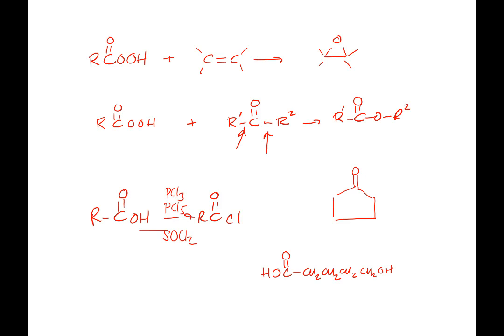So you could say, oh, well, I'll do this. I'll take this molecule, and it'll react intramolecularly. And this OH will end up coming over here and adding to the carboxylic acid so that I'll make that 5-membered, or actually in this case I'm going to make a 6-membered ring.